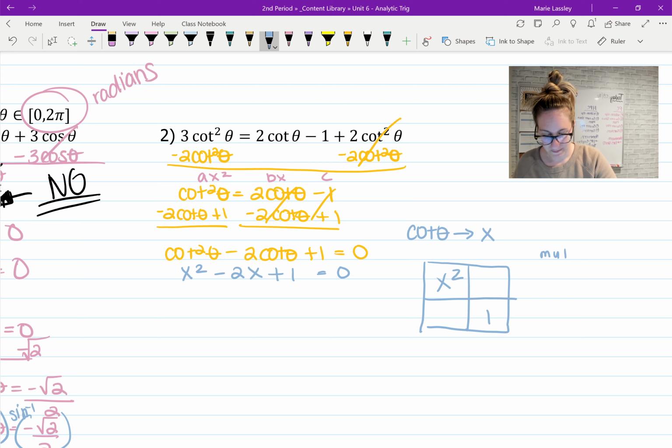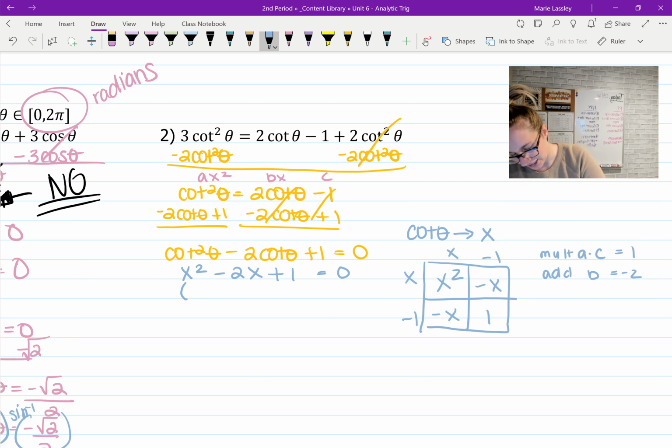So a times c is 1 times 1, which is 1, and b is negative 2. So it has to multiply to positive 1 and add to negative 2. That's going to be negative 1x, negative 1x. So factoring, you get x minus 1 and x minus 1. This factors to x minus 1 times x minus 1.